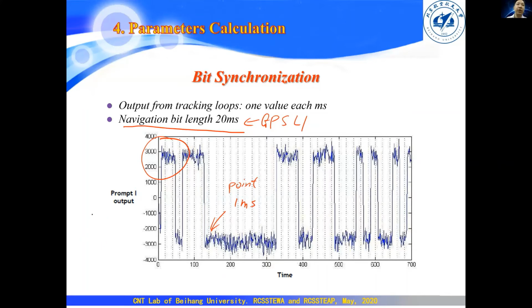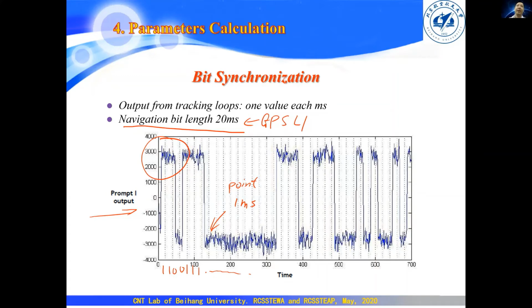So you can read this data as 1 1 0 0 1 1 1, etc. You will get the data. We call this bit synchronization, because you need to find the bits.